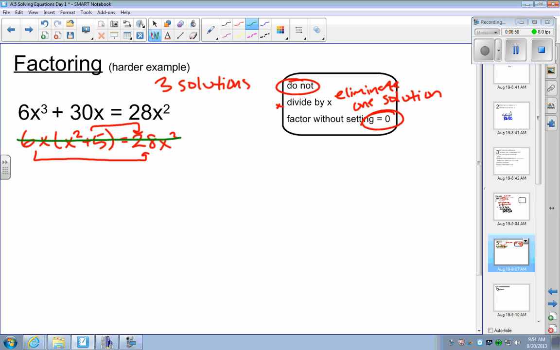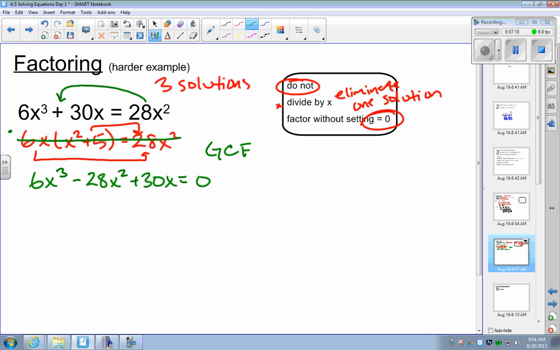So in this case, I'm going to move the 28x squared over because I already have my largest variable as positive, so I want to keep it that way. Okay, make sure you set this equal to 0. Now, I am going to pull out a GCF, but it's different than doing it up here. So I'm going to pull out a 3, not a 3. 3 doesn't go into 28 very well.